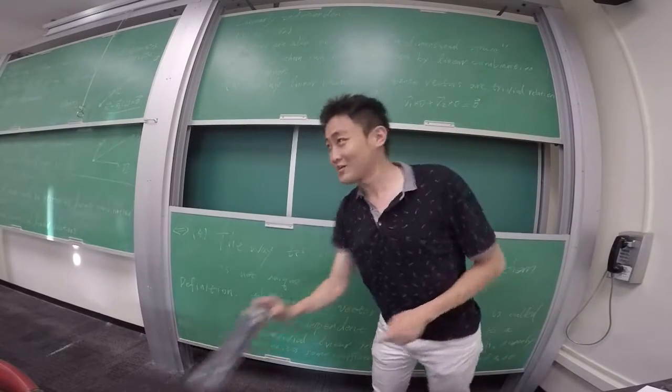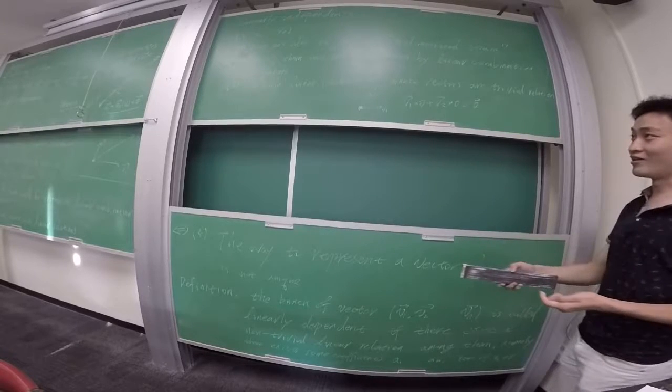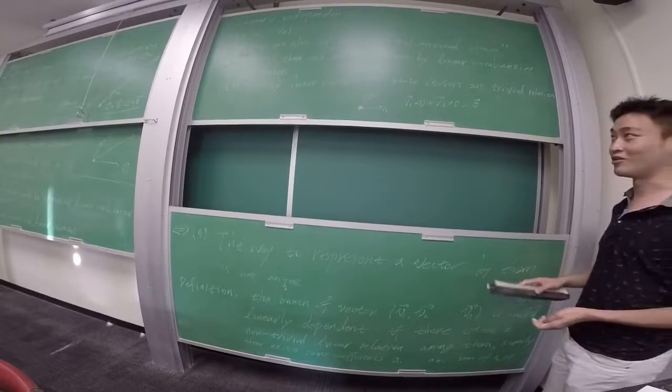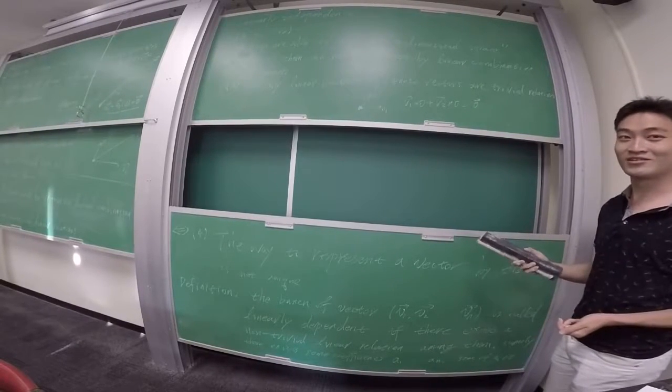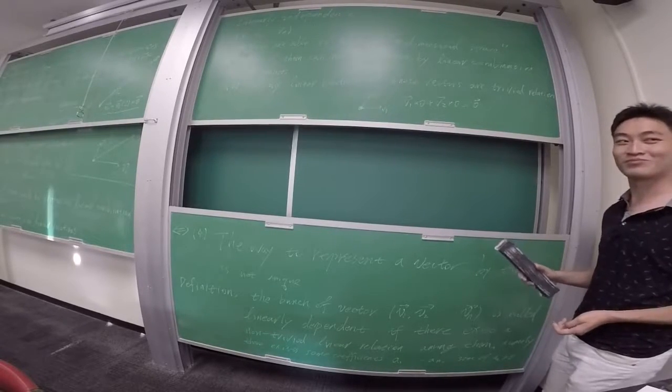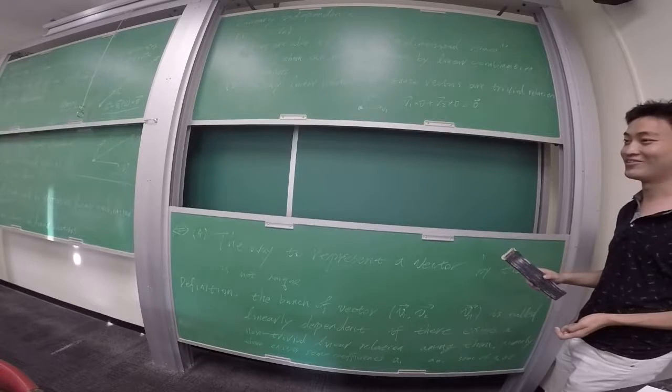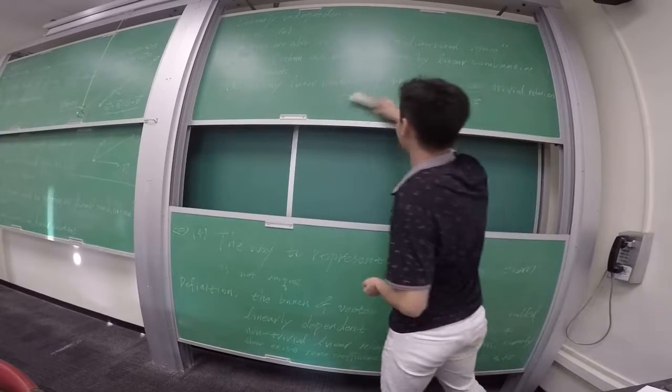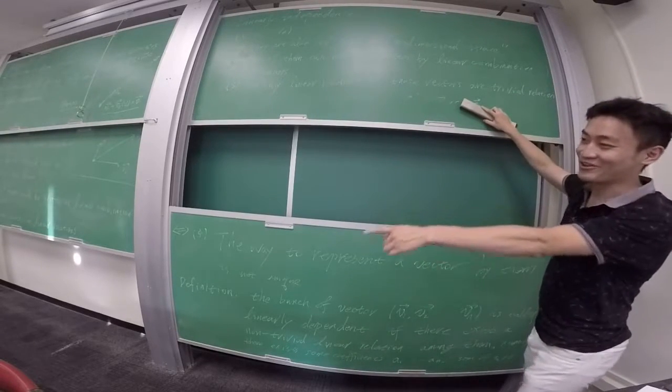Okay, so what is the last condition? What is the last perspective of the linear independence? Can anyone guess? There is a unique way to represent. Yeah, because I erased that.